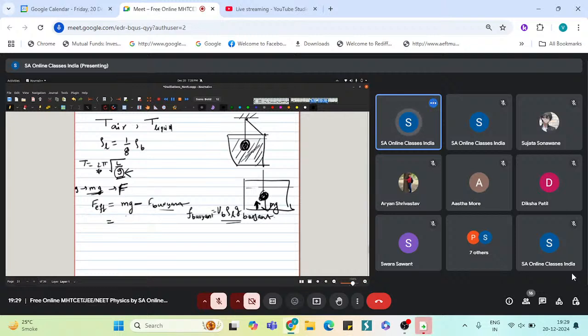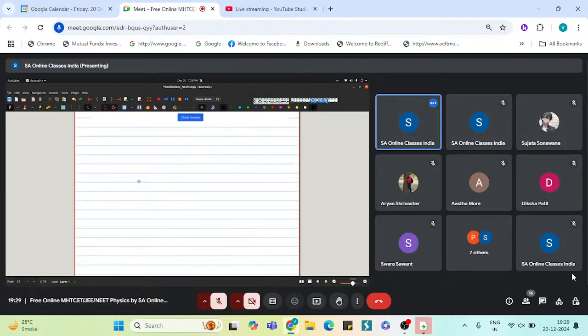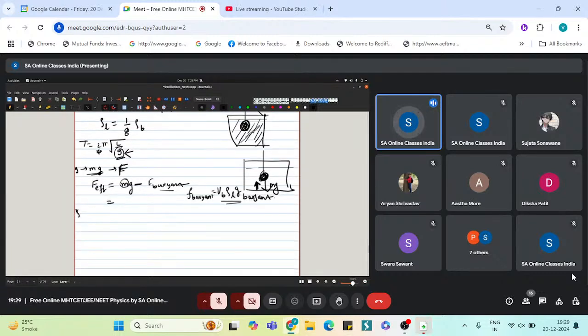We can also substitute for M, because rho is just M upon V. So we can write M as rho of ball into V of ball, and then G. Then we substitute the buoyant force formula, which is rho of liquid into V of ball, and G.